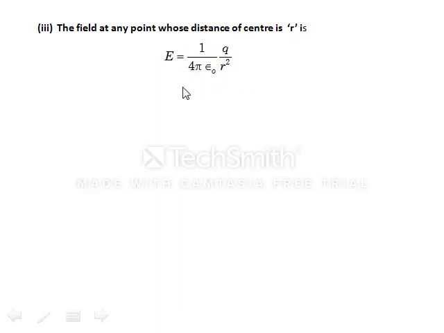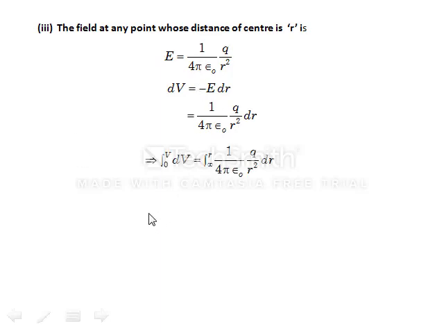Now we know that if we move through a distance dr along the direction of the field, the potential decreases by E dr. So this is the relation: dV is minus E dr. We have the value of E, we will substitute it. Now integrate both sides. Here, when r is infinity, meaning at infinite distance from the charge, we are arbitrarily taking the potential to be 0.